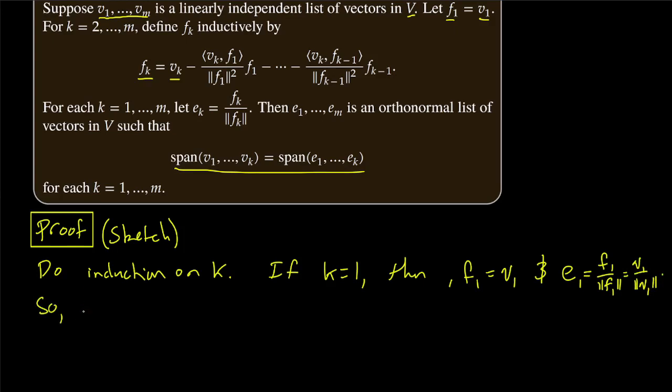So e1 has norm of v1 over norm v1, but I can just pull out that norm v1, and then I should be careful and say this is the norm of 1 over norm v1 in absolute value, but since that's positive, I just get that this is equal to 1.